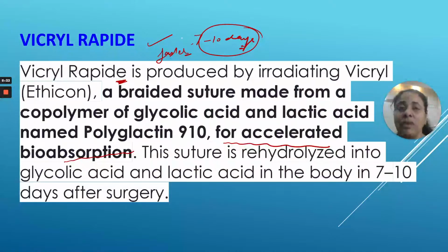We have to be very careful putting it in those areas where we know the tissues will regain strength within 7 to 10 days. If you think tissues need more time to heal, you cannot put Vicryl Rapide there. You need to put either regular Vicryl or Vicryl Plus. So this is a modification done in the Vicryl to give it a more accelerated bioresorption.